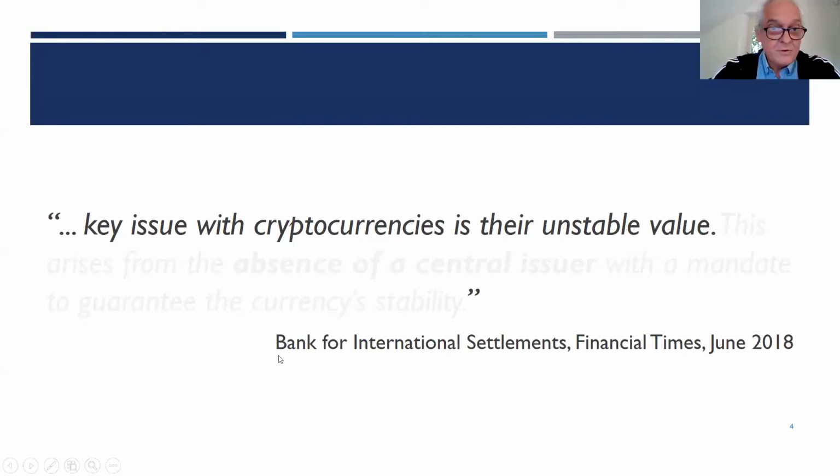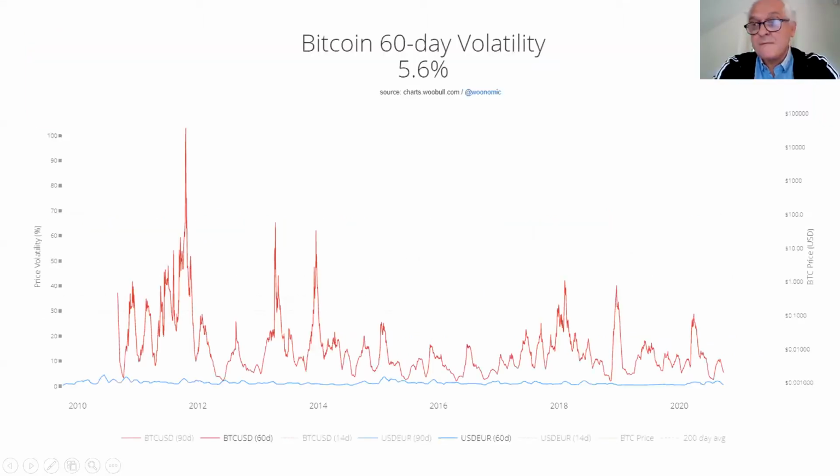I show you this here in this slide. This is from a Bitcoin maxi. You probably know him. He's called Bull, and he has a very nice website where he has a lot of graphs about Bitcoin, and this is just about the volatility. If you look at the red curve, what you see is basically the Bitcoin, US dollar volatility. The blue one would be the US dollar euro volatility.